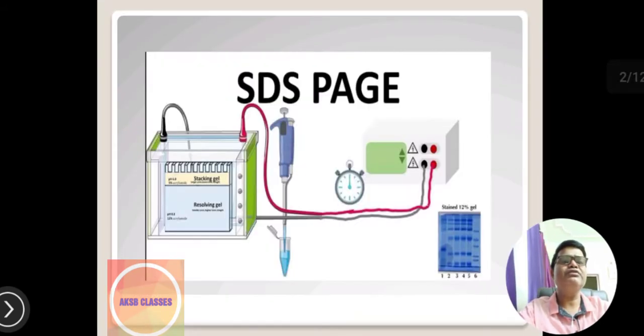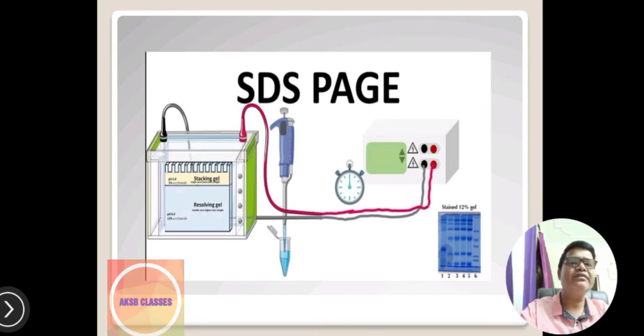If you see, this is the complete apparatus of SDS-PAGE gel electrophoresis, in which there are two ends of this electrophoresis apparatus. One is the cathode and one is the anode. Generally SDS-PAGE provides a negative charge on each type of protein, whether it is positive, negative, or neutral.